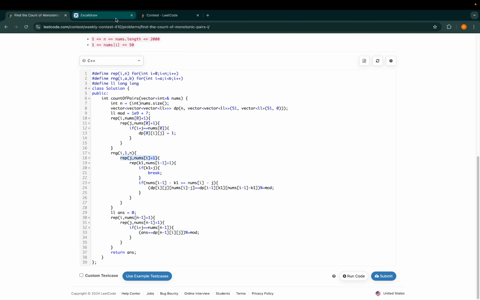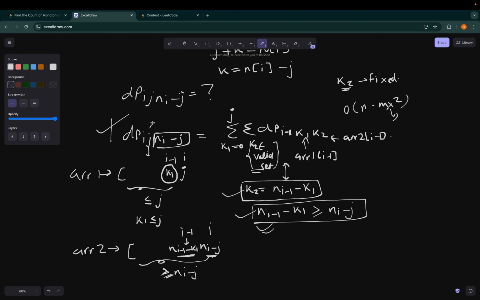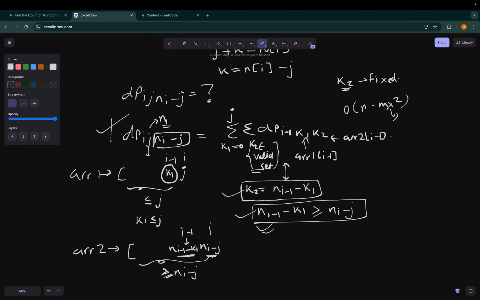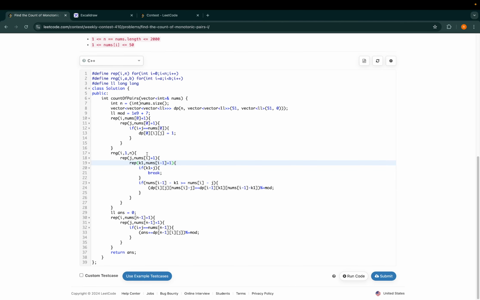Here you can put nums of i only. It cannot exceed nums of i because then you would need a negative number at the other place. And your k1 would go from 0 to nums of i minus 1, right? Yeah, it can go up till j, so that's how I put a breaking condition over here.